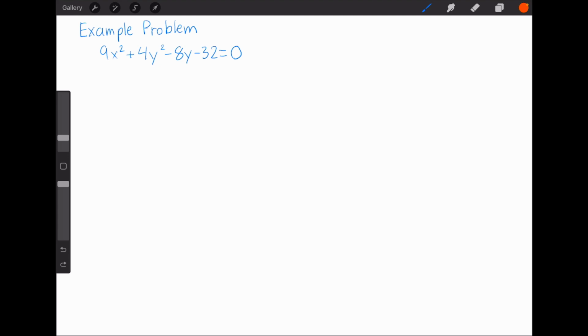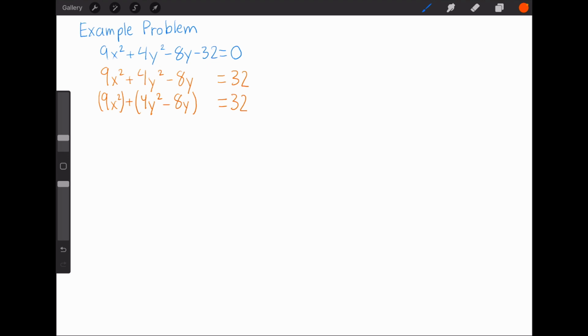The first step would be to add 32 to both sides to isolate the variable terms. This transforms the equation into 9x squared plus 4y squared minus 8y equals 32. The second step would be to group terms involving the same variable. This would transform the equation into 9x squared plus 4y squared minus 8y equals 32.